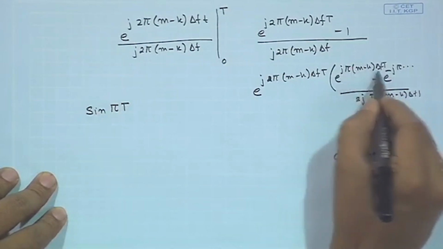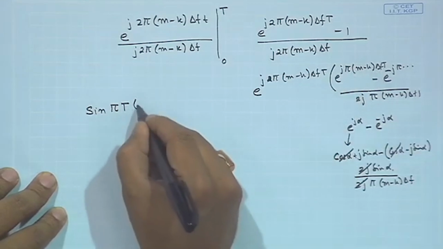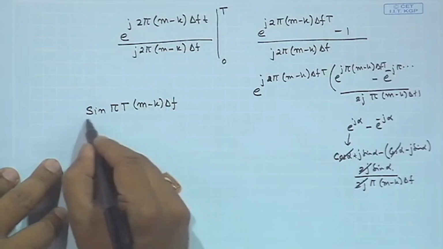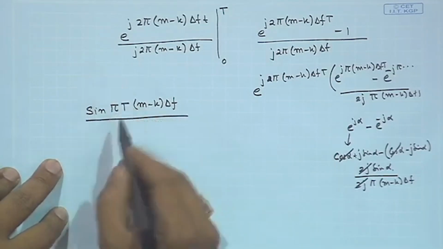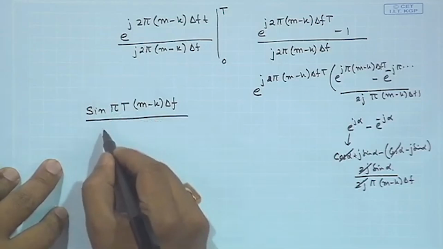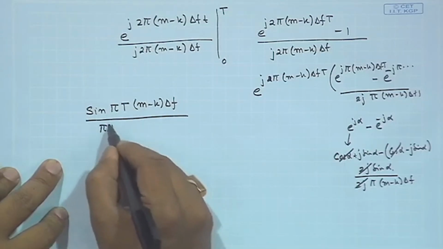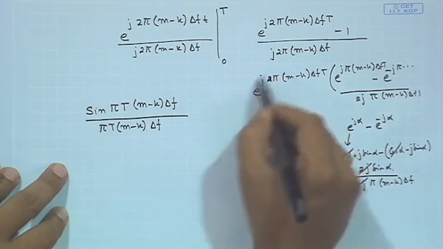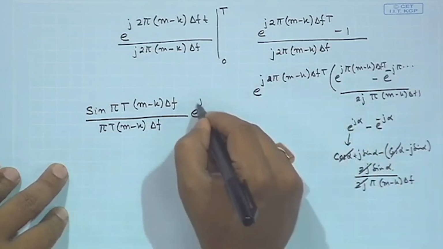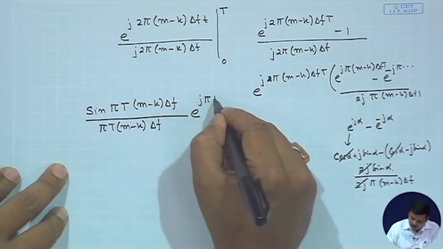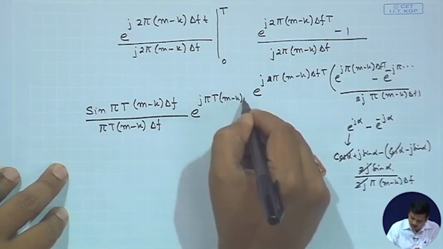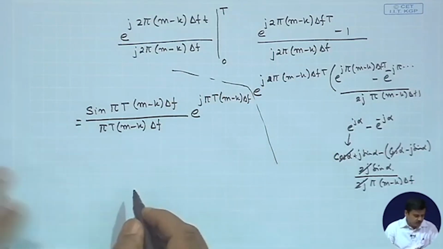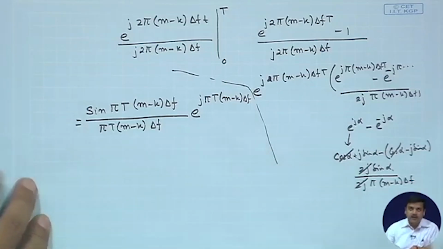If you look at alpha, this is the expression pi T (m minus k) delta f, and the numerator has a T term, a 1 upon T term. So, you have the pi T (m minus k) delta f term, and you have this extra term, j pi T (m minus k) delta f, right. So, this is the term that you end up with.